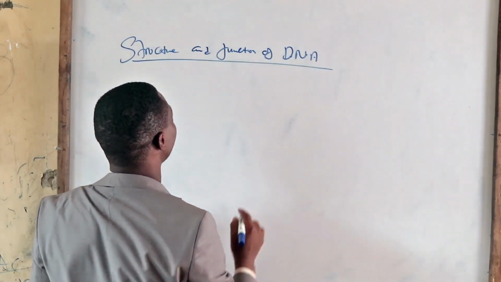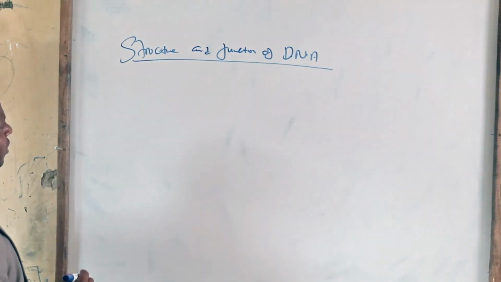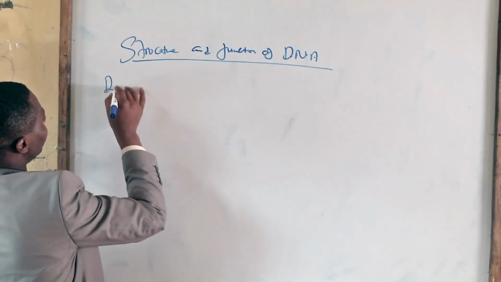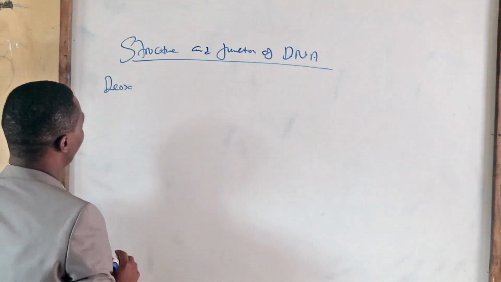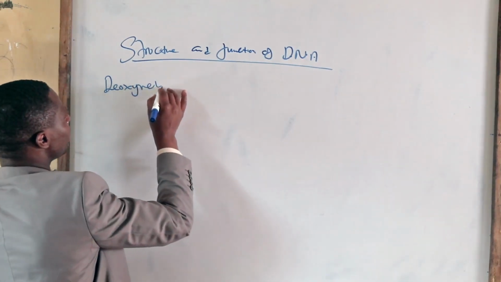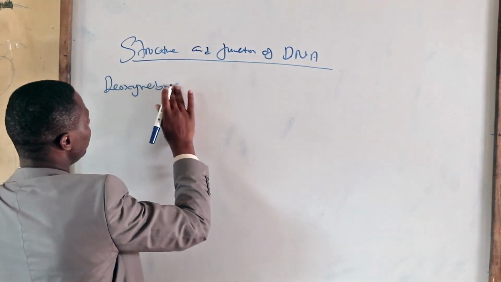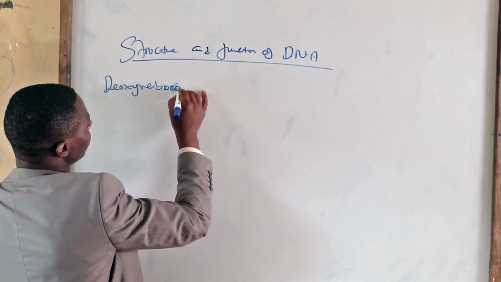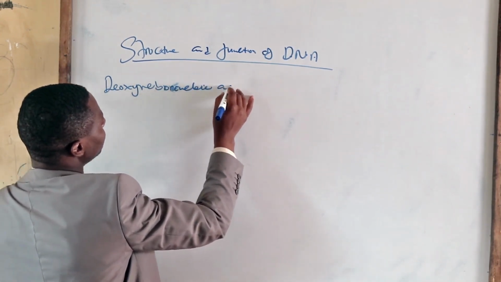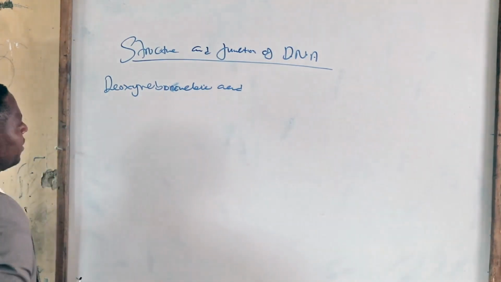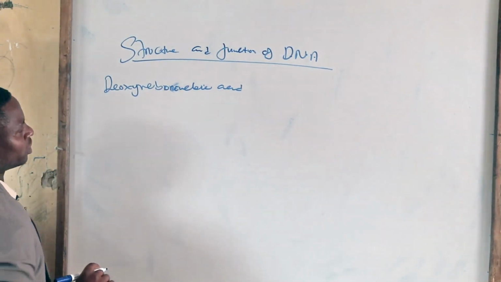So what is a DNA? DNA is a protein molecule called deoxyribonucleic acid. It is deoxyribonucleic acid.